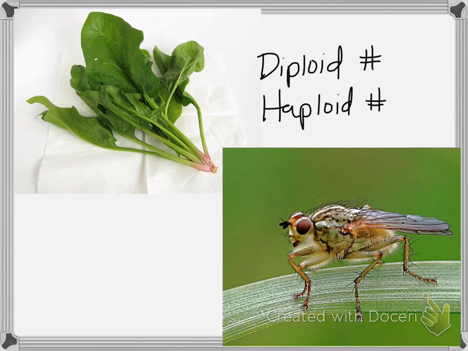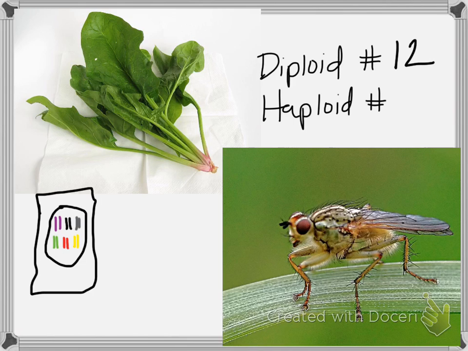So anyway, what these guys have in common is that they both have a total diploid number of 12. Haploid number of 6. Diploid number is 12. That's what you would find in just a cell in a leaf.